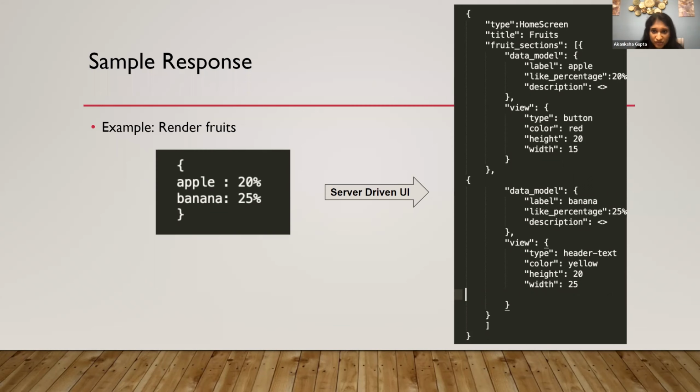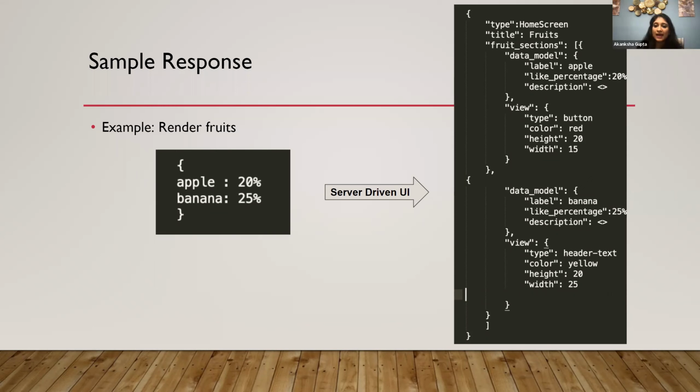Within the fruits section, each component has two models to it, right? The data model and the view. So the data model will tell, okay, the label would be apple with some percentage and XYZ description. And the view says that it should be a button of color red with height 20 pixels or whatever, and width of 15.